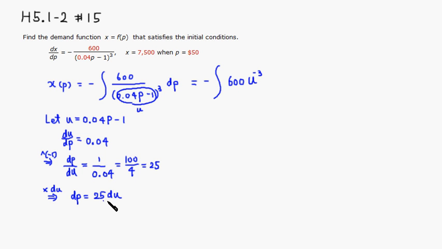Then dp is the same thing as 25 du. Let's clean up a bit. The negative sign is still there, and you have 600 and 25. 600 times 25: 6 times 5 is 30, 6 times 2 is 12, so 12 plus 3 is 15, with the 2 zeros, so it's 15,000 outside.